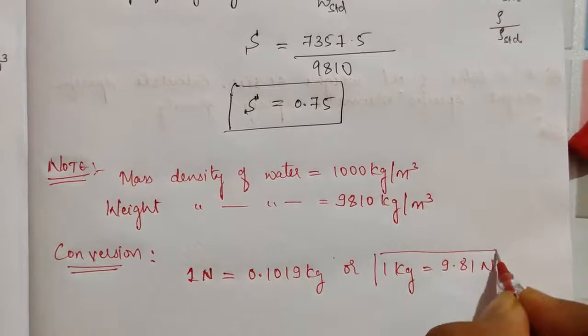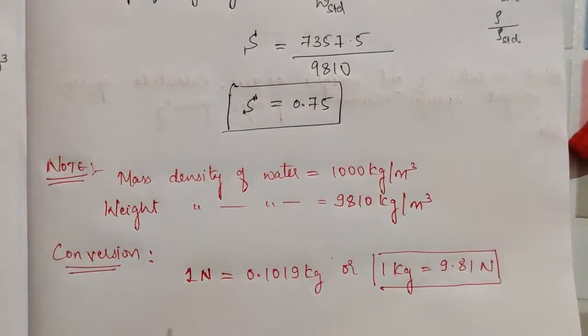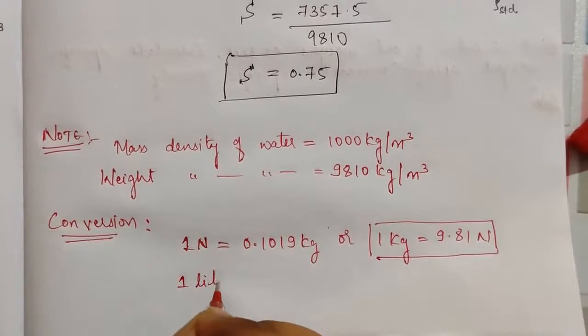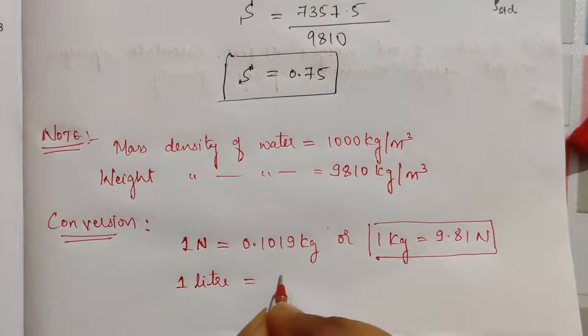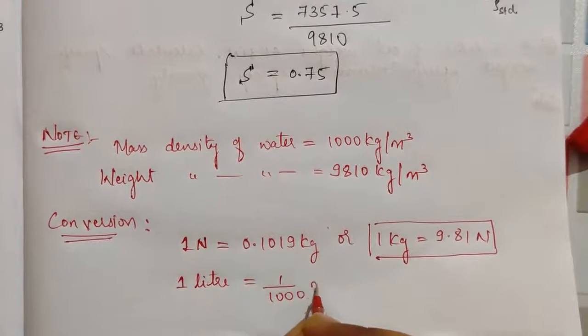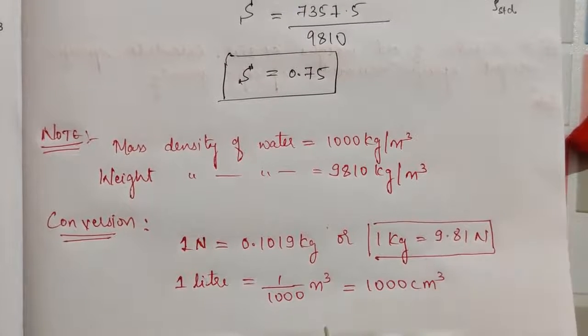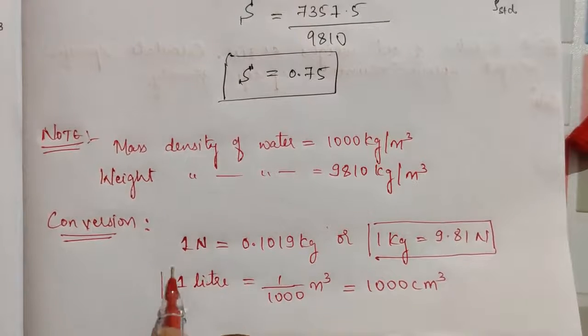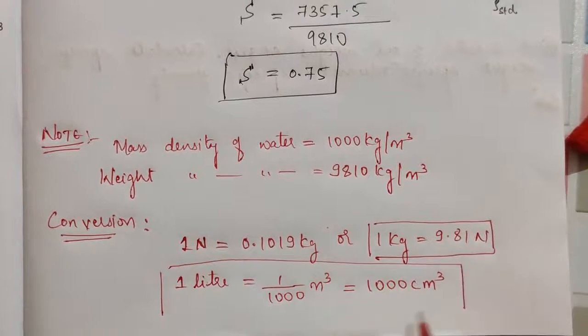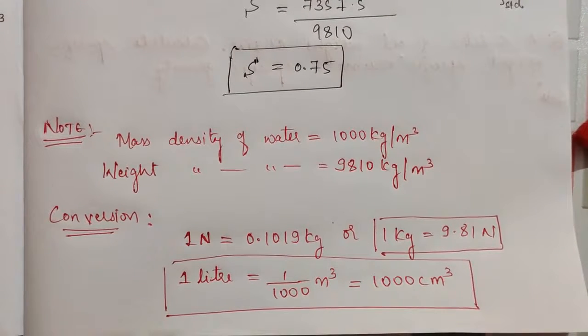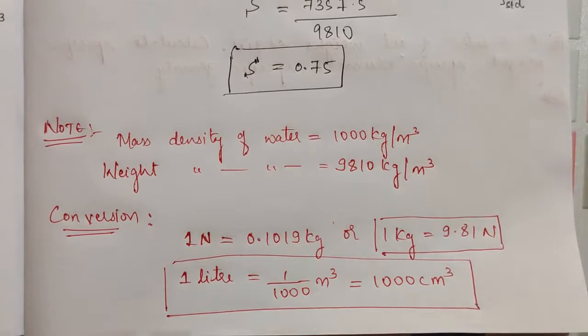We are familiar with this. And also 1 liter is equal to 1 by 1000 meter cube, or it is 1000 cm cube. Remember this. We will go to our next problem.